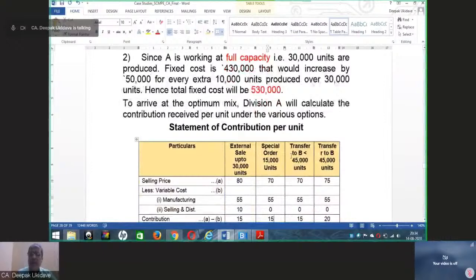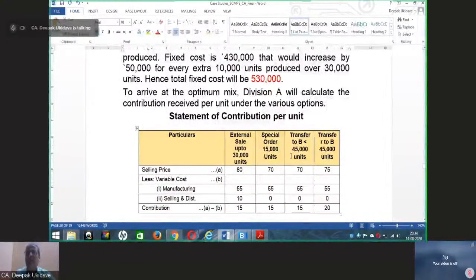Now, throughout our discussion so far we were discussing various permutations, combinations, various scenarios, various case situations. Now let us tabulate all these case situations in one table and look at the cost benefit analysis, the contribution margin approach.